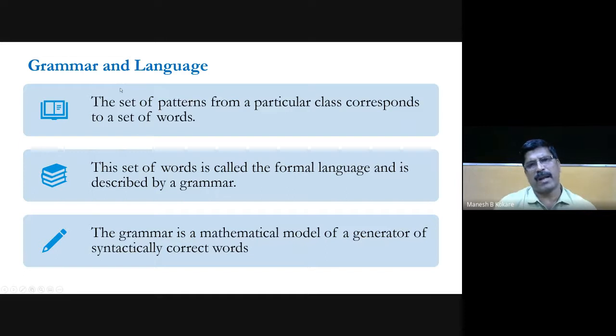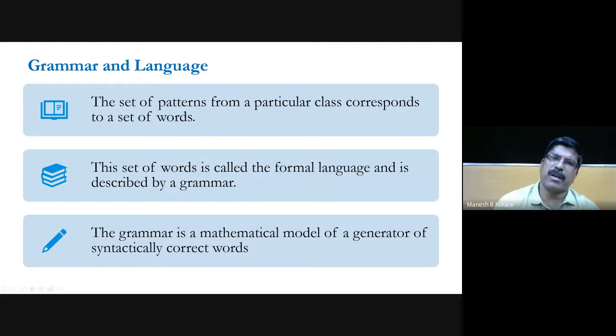Grammar and language: it is nothing but a set of patterns from a particular class corresponding to a set of words. This set of words is called the formal language. Whatever words you get from the interconnection or arrangement of these primitives, you get a set of words, because every primitive is represented with a symbol or character and so on, right?